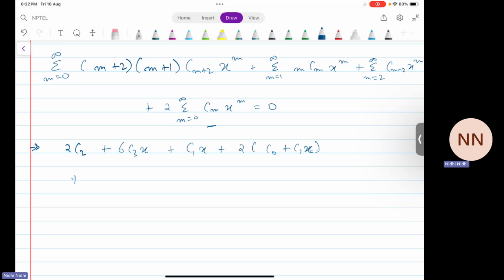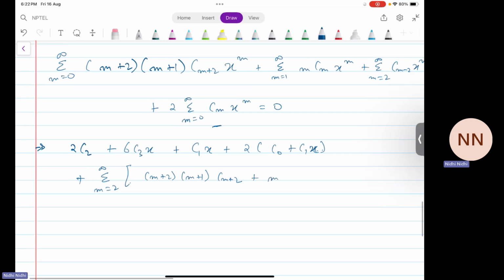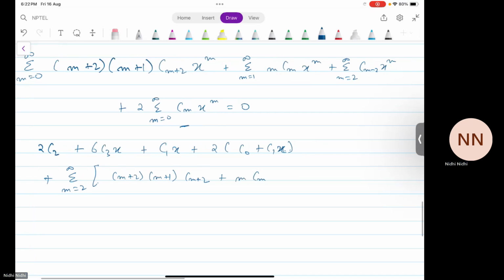For the rest we have the summation from m equals 2 to infinity of (m plus 2)(m plus 1)c_(m+2) plus mc_m plus c_(m-2) plus 2c_m, times x to the power m, equals 0. Now we'll simplify this and then compare the coefficients of x to the power m.